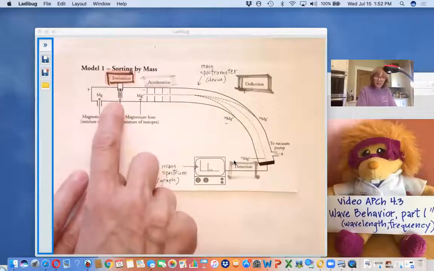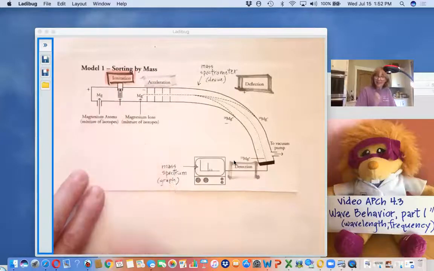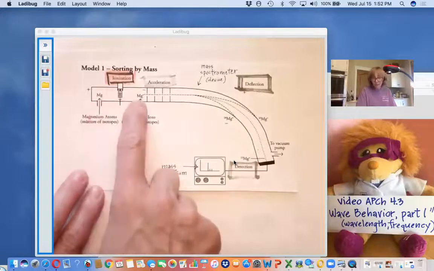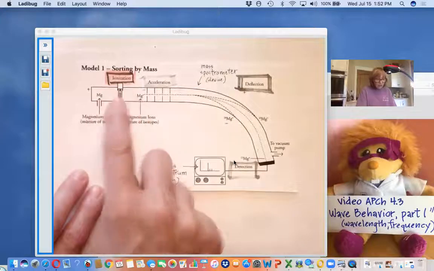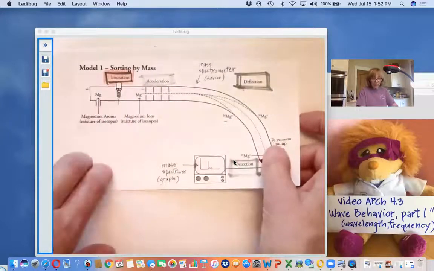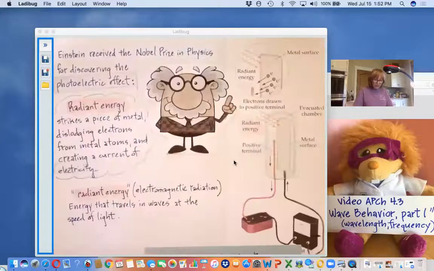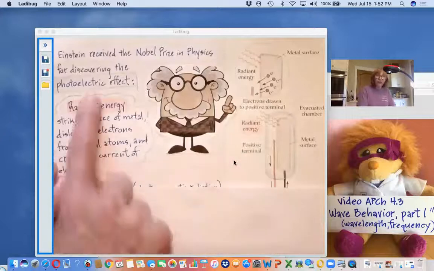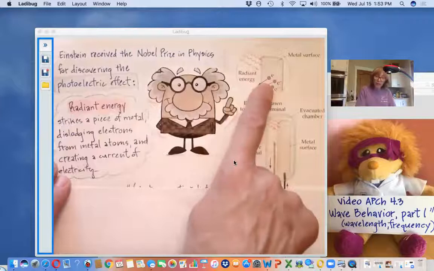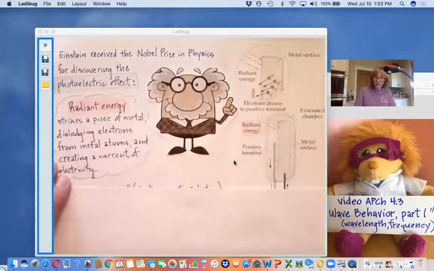The ionizing radiation dislodged electrons from these neutral atoms, creating cations. So this ionizing radiation in the mass spectrometer is doing a similar thing to what the radiant energy is doing with a piece of metal in this photoelectric device.